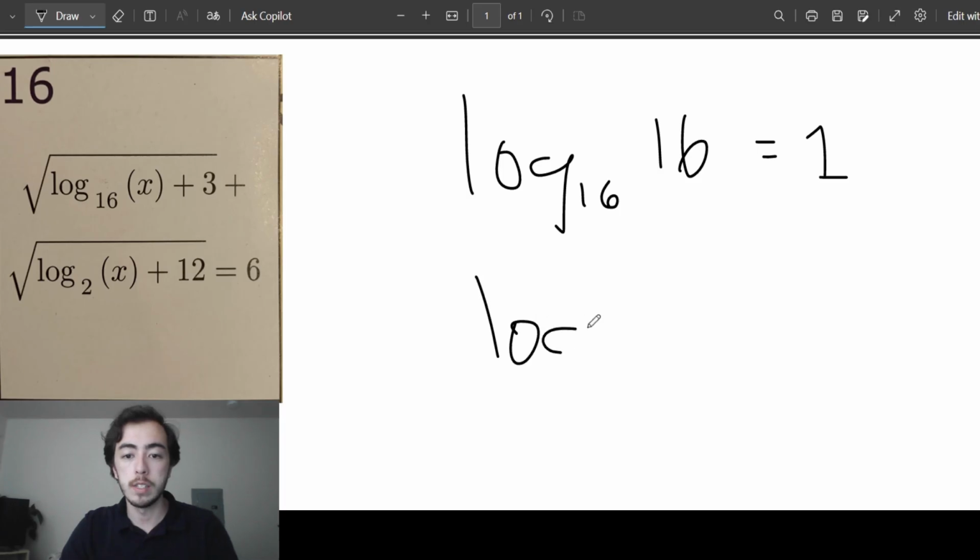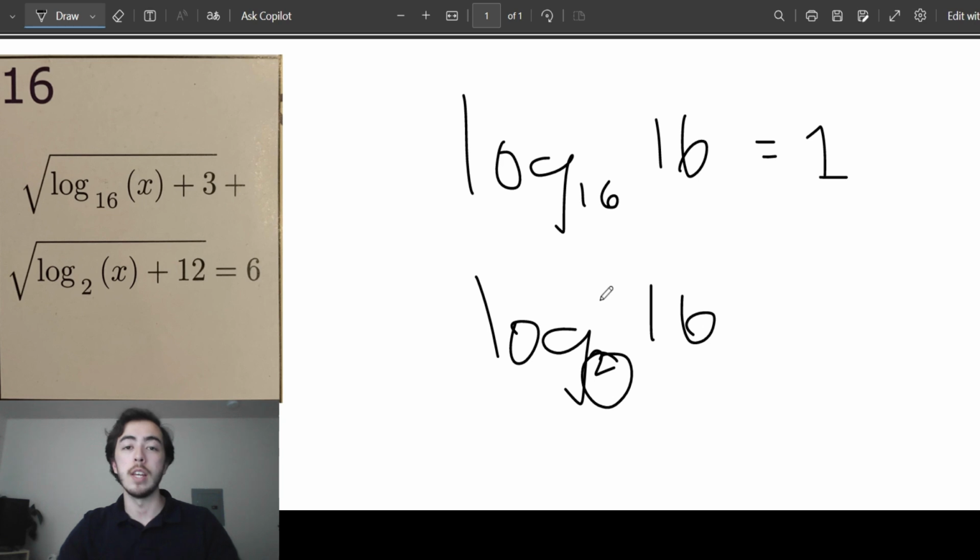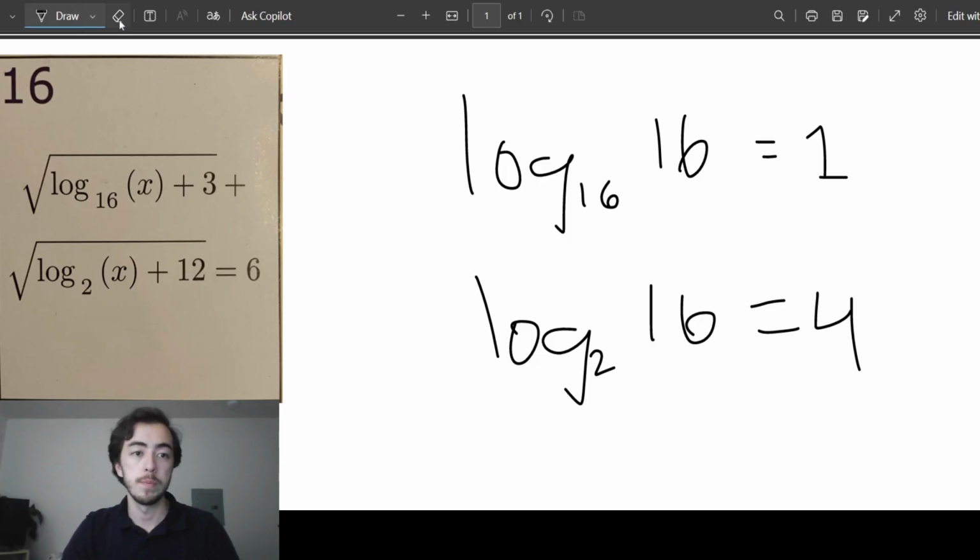And if we asked log base 2 of 16, this is asking us how many 2s do we need in a multiplying way, like powers of 2, to get to the number 16. So we could do 2 times 2 is 4, times 2 is 8, times another 2 is 16. And since it took 4 2s to get to 16, log base 2 of 16 is 4.